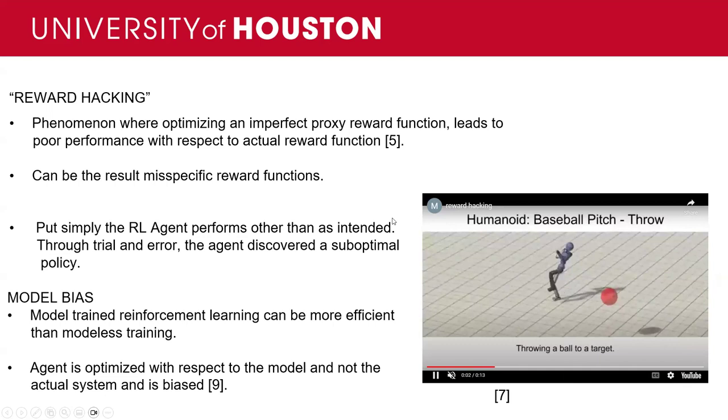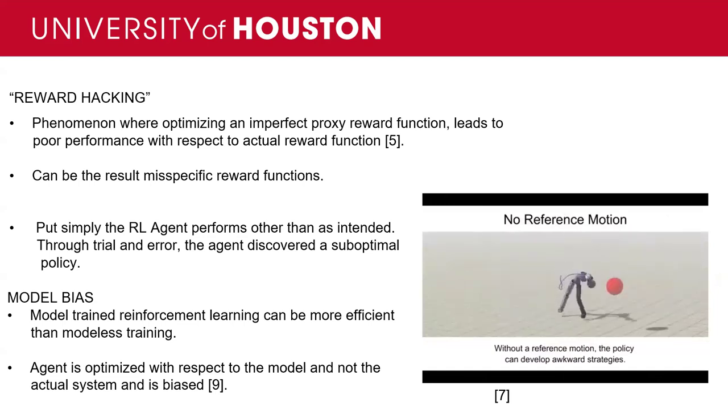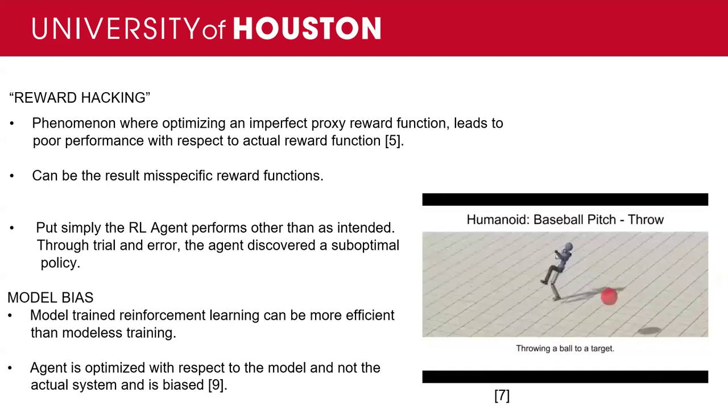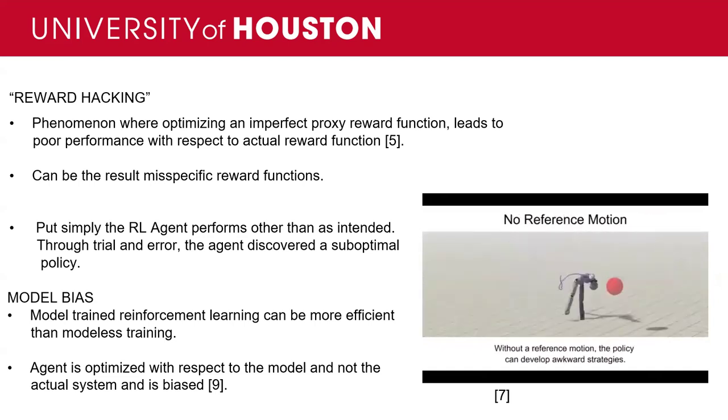We will also get into reward hacking, and I want to draw your attention to this video in the right hand corner that shows the example. And you see this in this simulation. This humanoid was to throw a ball towards a red square, and you see it starts running the ball there. It's a great visualization.